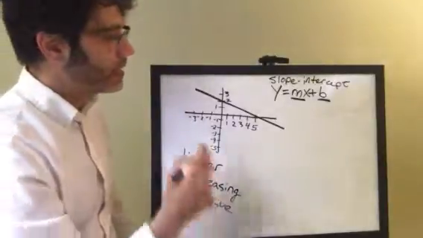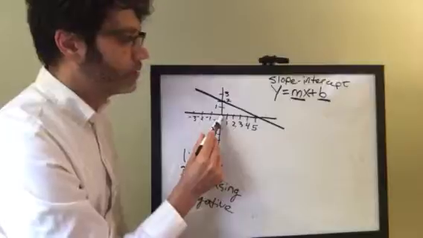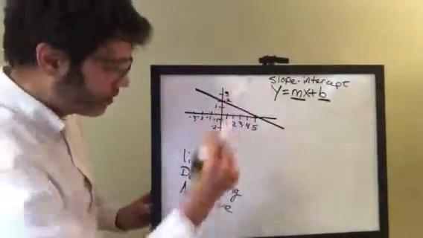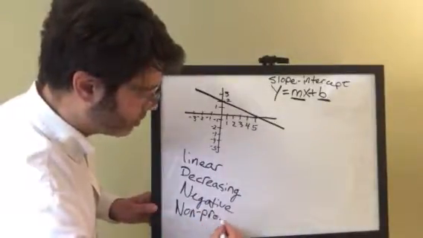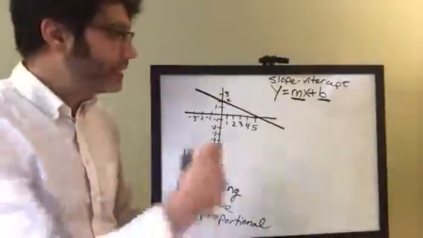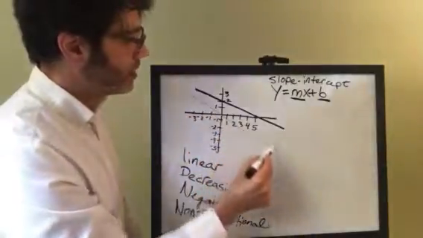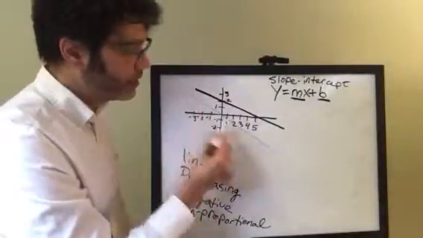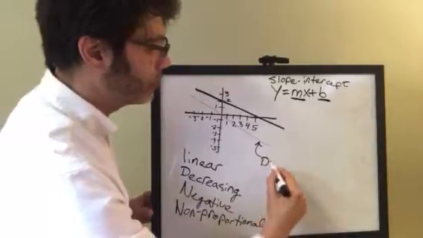And then lastly, even though it's a straight line, it doesn't go through the origin. Since it doesn't go through the origin, it is not proportional. If it did go through the origin, for instance, if it went like this, then it would be proportional, or directly proportional.